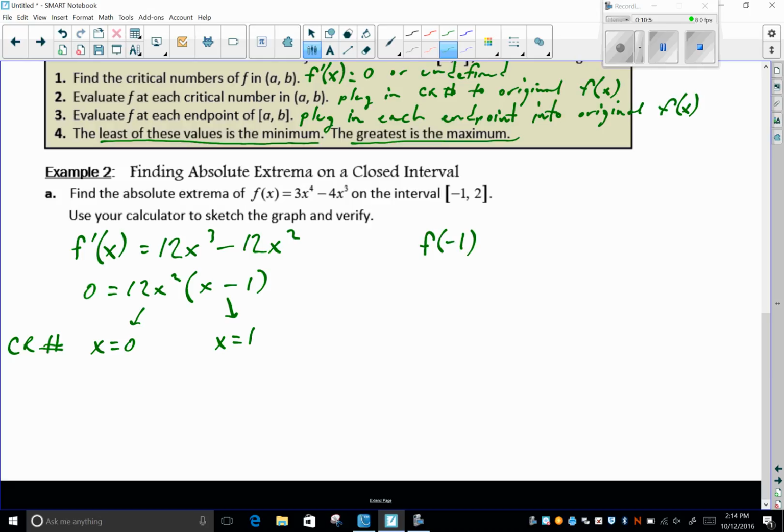I like to go in chronological order, and then I'm going to go to my critical number 0 here, and then my critical number of 1 here, and then my right endpoint, which is 2. And we're going to plug back into the original function. So 3 times -1 to the 4th minus 4 times -1 cubed, and that's going to be 3 plus 4 equals 7.